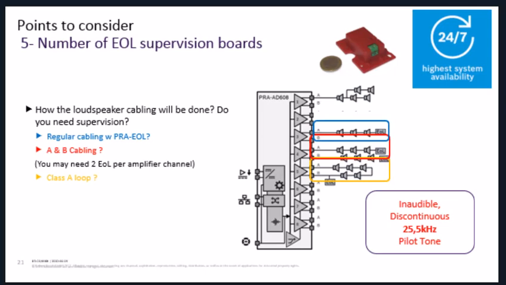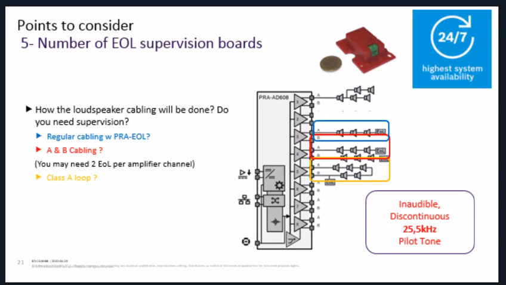So during your offer, you should also consider if you will use regular loudspeaker cabling with one PRA-AOL end-of-line board per loudspeaker zone, or will you go for A and B cabling where you need 2 end-of-line boards per channel, or will you go for a Class A loop, which will not change the number of end-of-line boards.